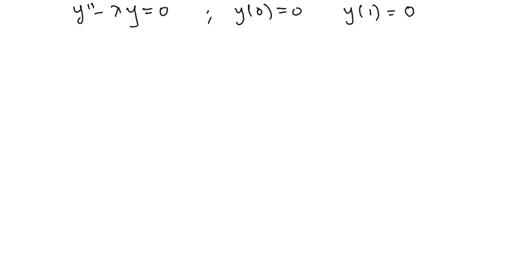It will be of the form m square minus lambda equal to 0. Then m square is equal to lambda, and m is equal to plus or minus root of lambda. So the roots are plus or minus root lambda.